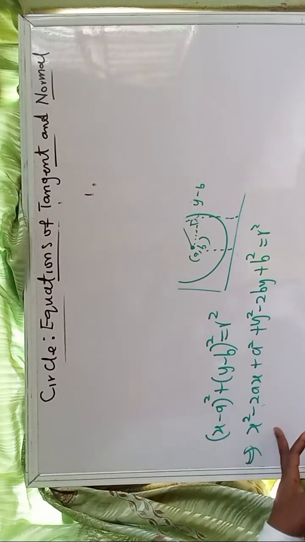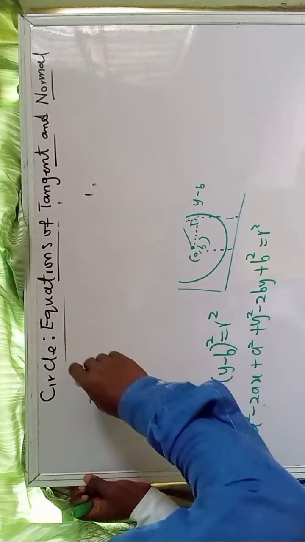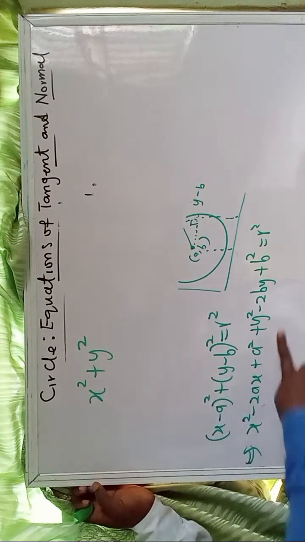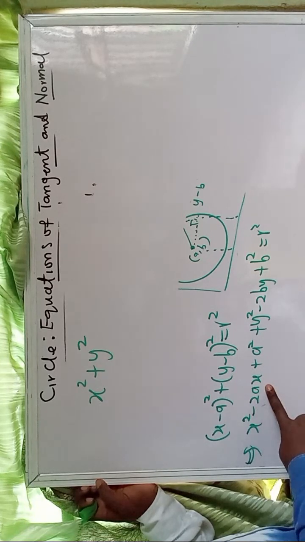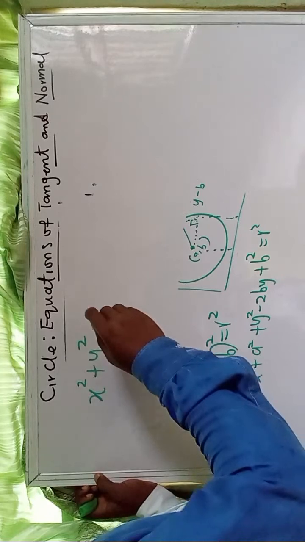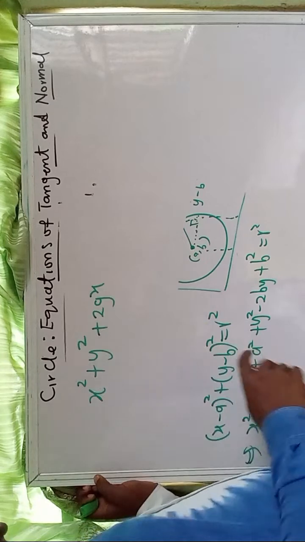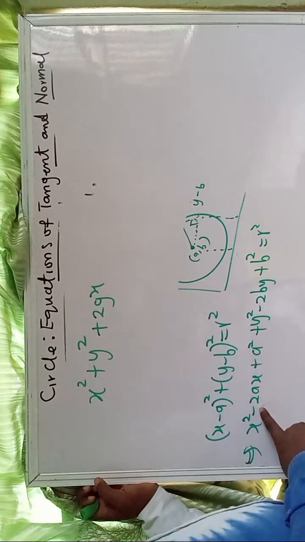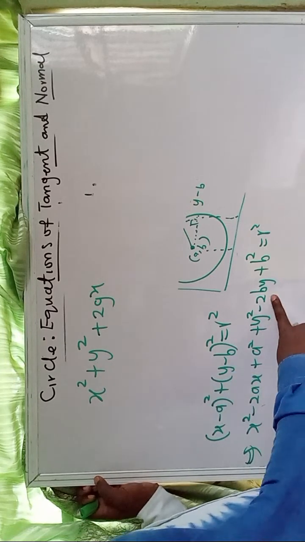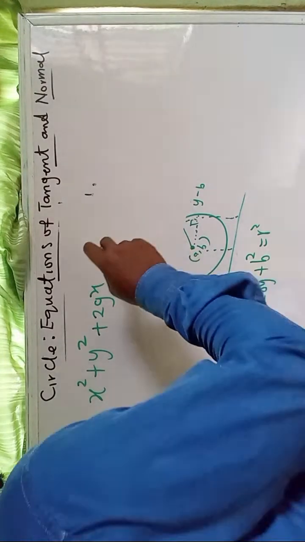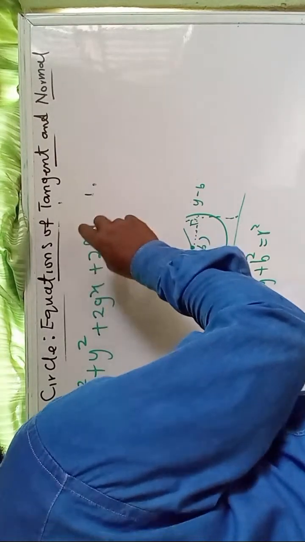We want to rewrite the same equation as x squared plus y squared, then instead of minus 2a, let it be plus 2g. We are only replacing minus a with g, and for this also we are replacing minus b with f, so that this will be plus 2fy.